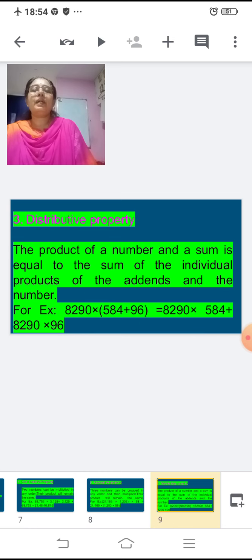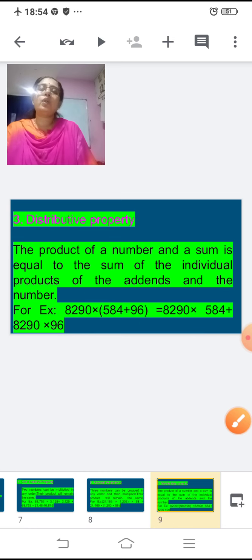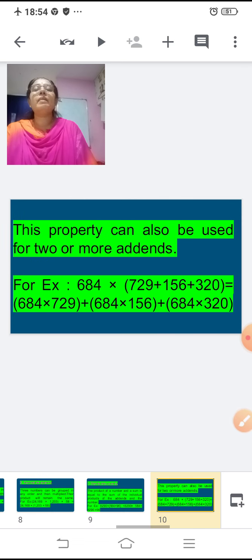Now this property is not only applicable to two addends, it can also be more than two addends. Here in this example there are three addends in the bracket.